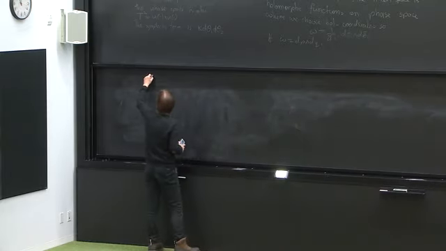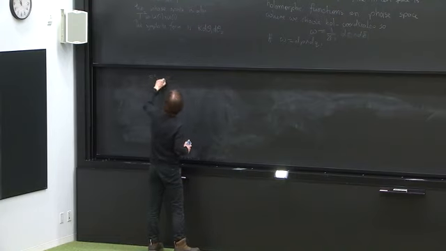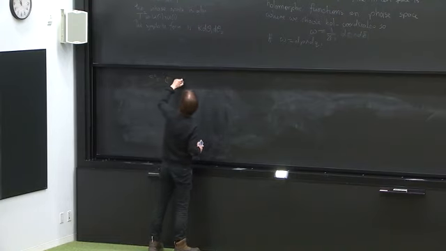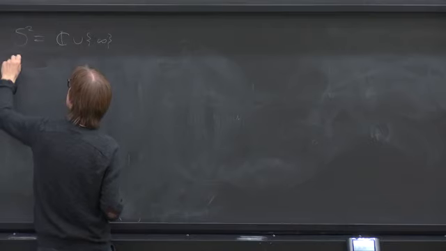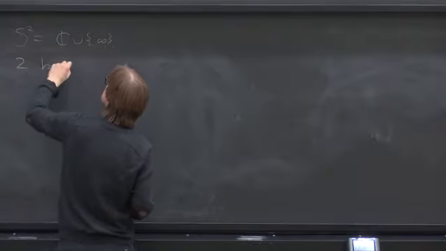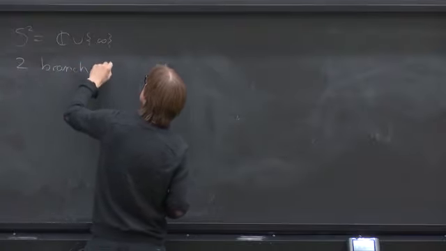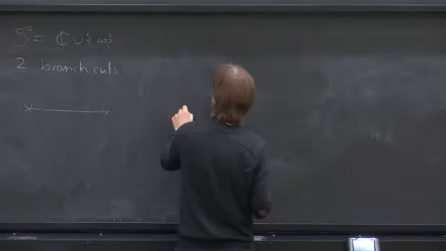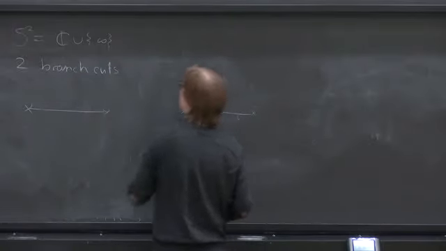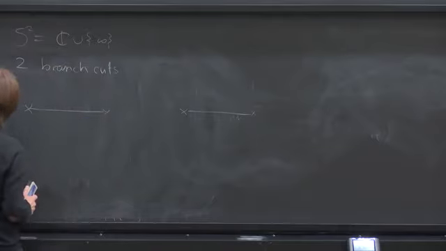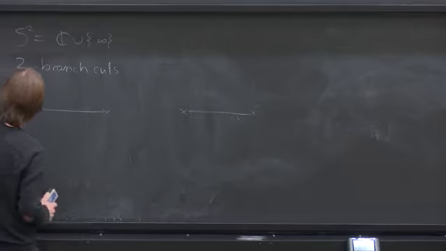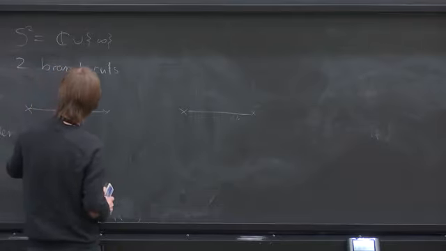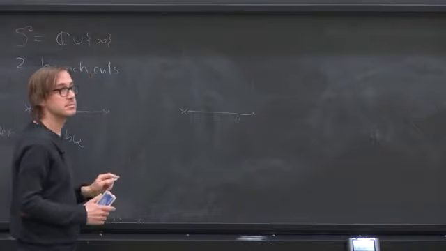So S2, C union infinity. Consider 2 branch cuts. And then consider a double cover. Sir, where are these 2 branch cuts?